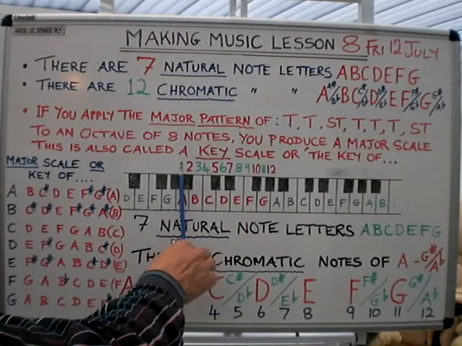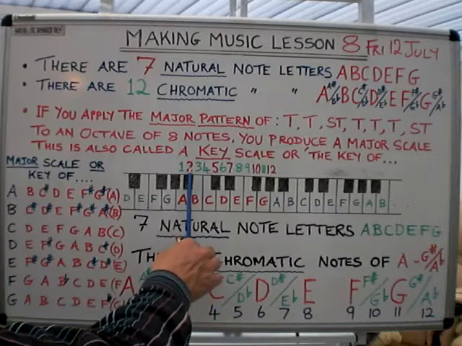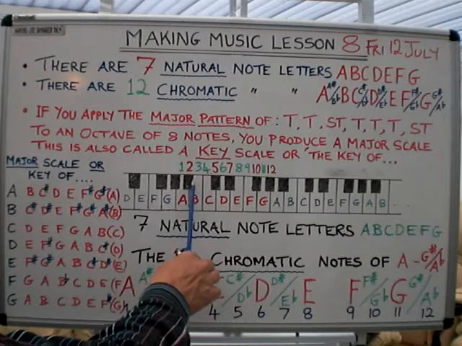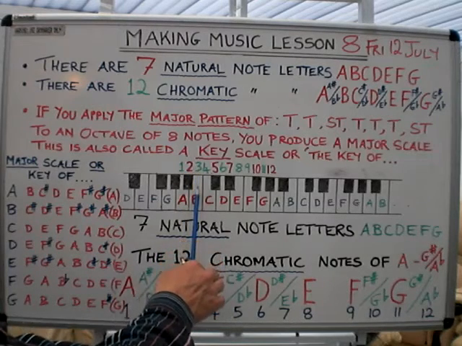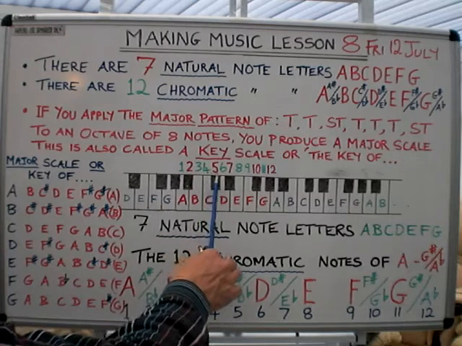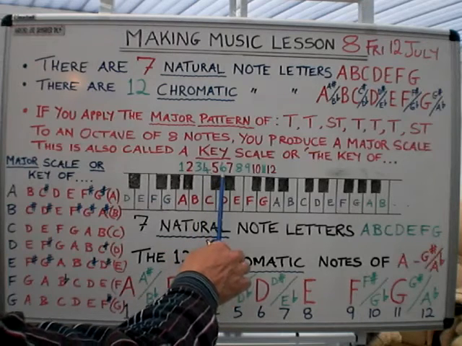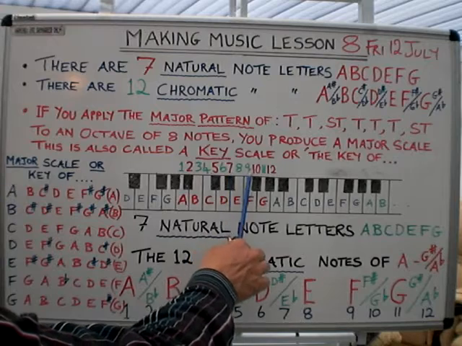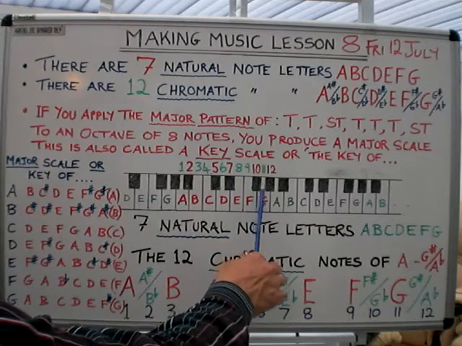I've actually numbered them here: 1 over the A, 2 for the black one, 3 for the B, 4 for the C, 5 for the black one, 6 for the D. The red ones are over the blacks, as you can see.